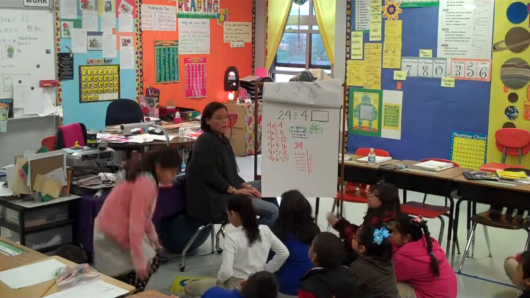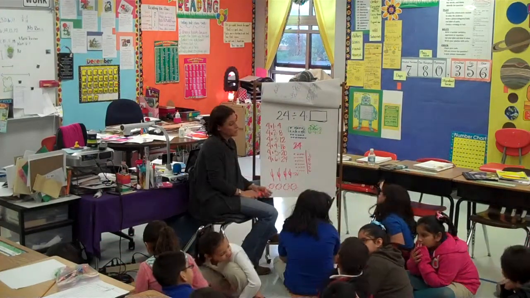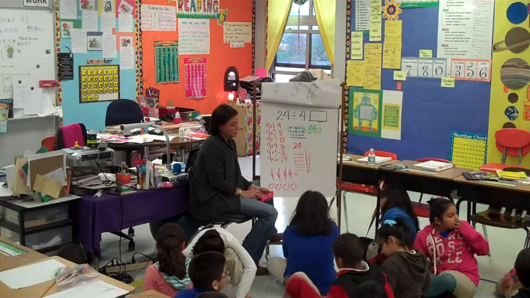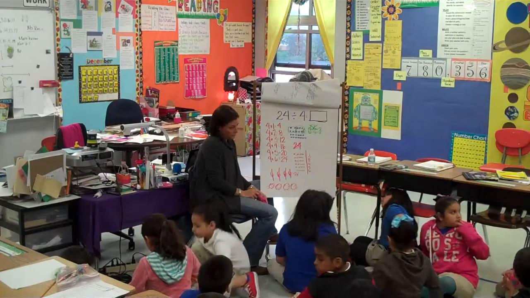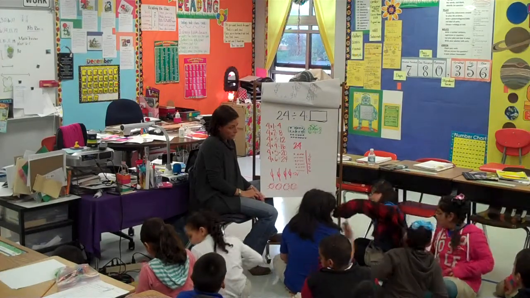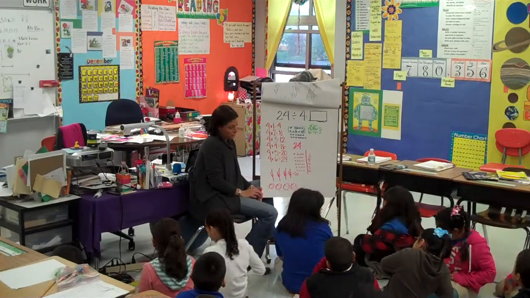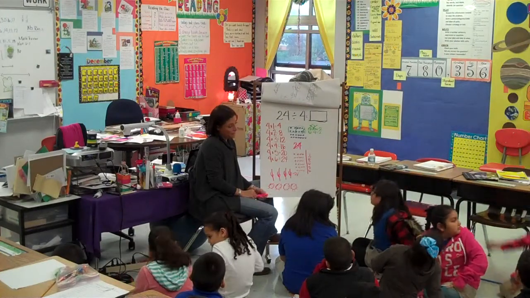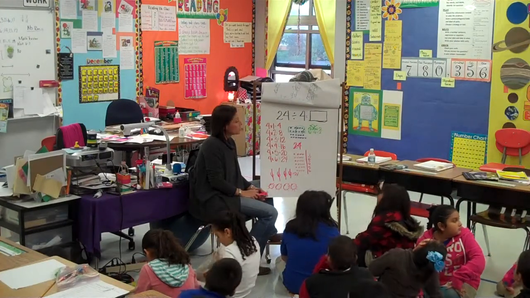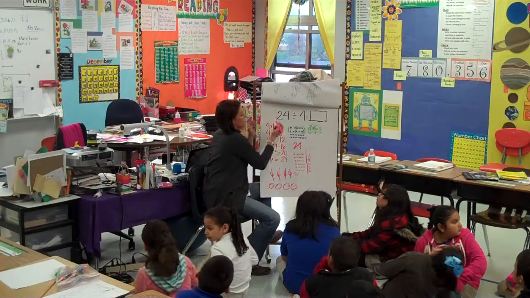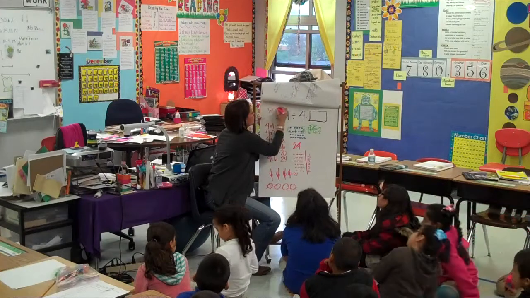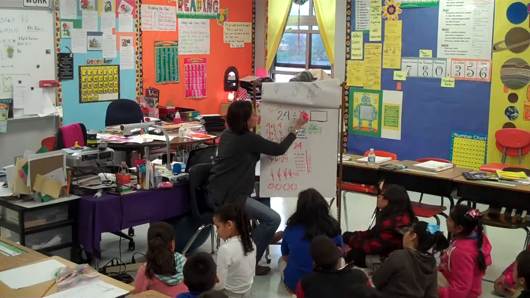Okay, very good. Do you think that there's a similarity? Yes. Okay. What is a similarity? Because 24 is the in all, the 4 is the groups, and then the last one is the equal share.